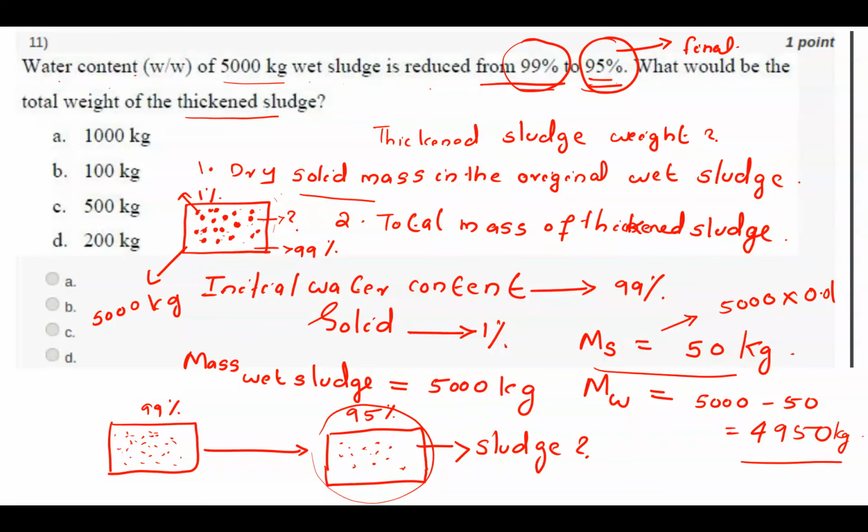Okay, now for that what we have to do, so here you can see that after thickening, the total water content is reduced to 95 percentage, right?